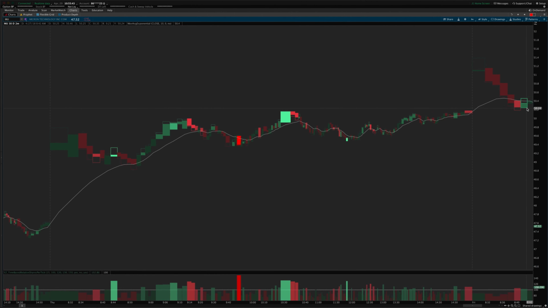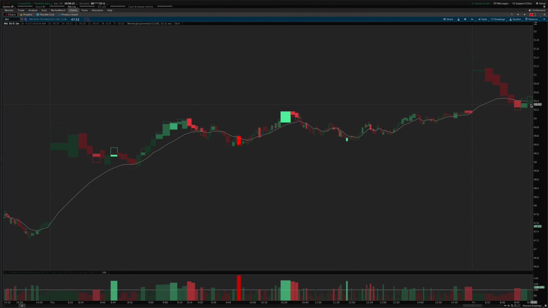We put in a low volume, low commitment retracement candle with a topping tail, as a matter of fact, and it's right at the MA. There's not a lot of closing price action above the MA at this point. These closes are all basically at the MA or below. So there's not a lot of strength here. This looks like a weak pullback to me. That's what that all comes together to say.